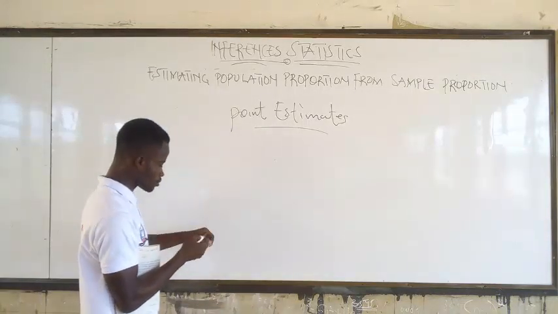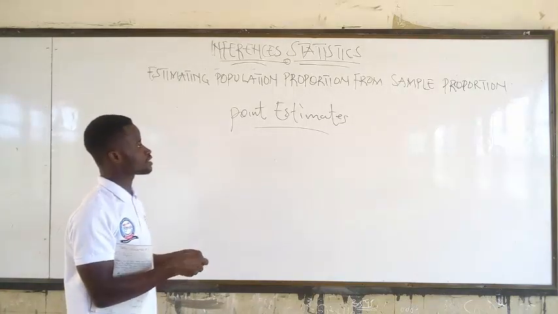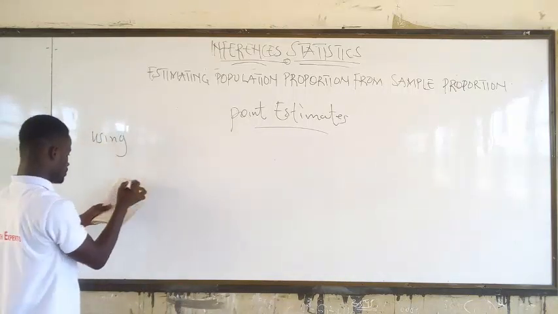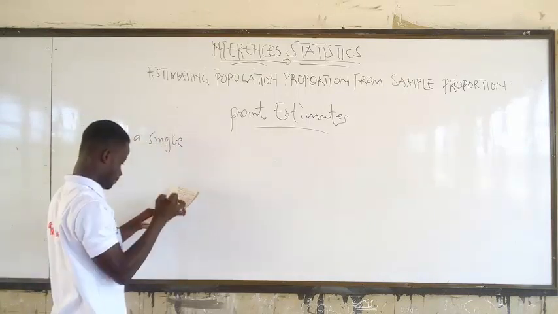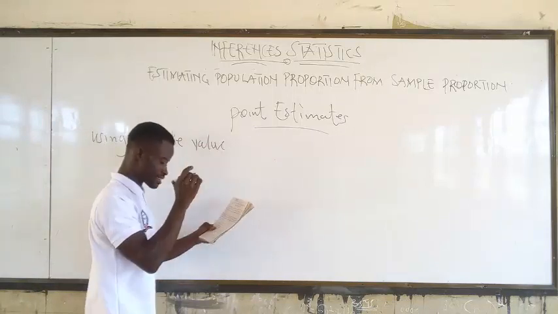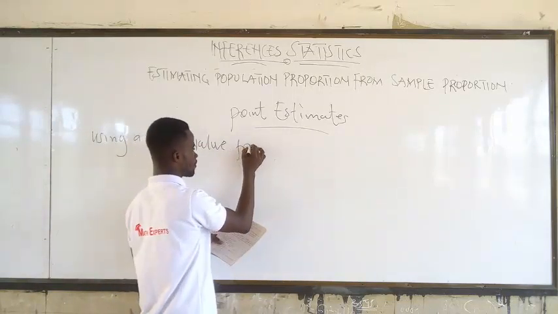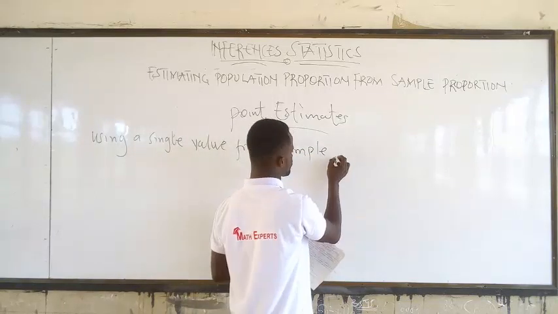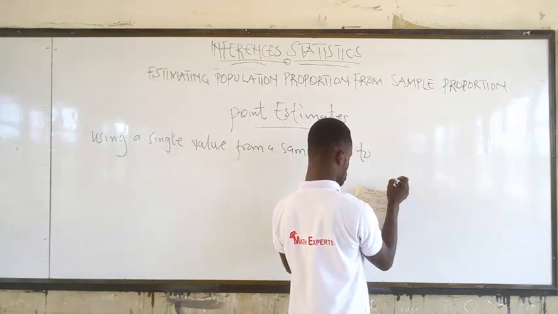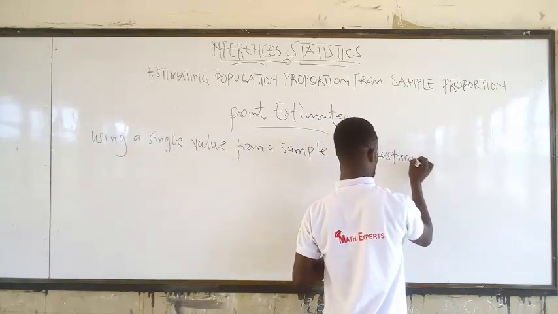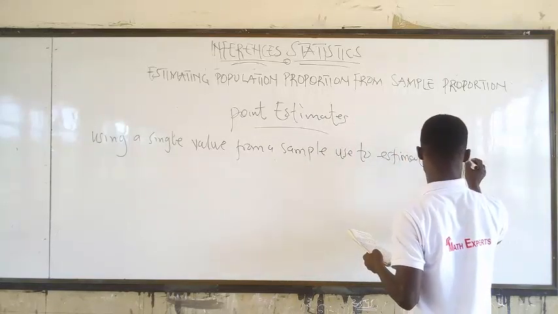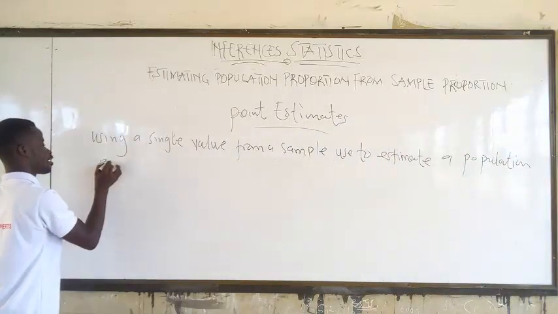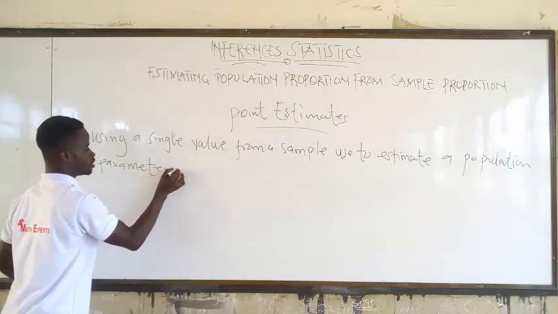When we talk of point estimate, what we are saying is that it's using a single value from a sample used to estimate a population parameter.